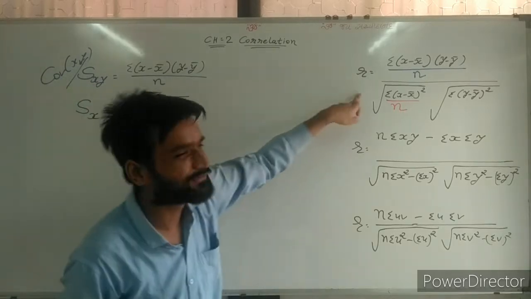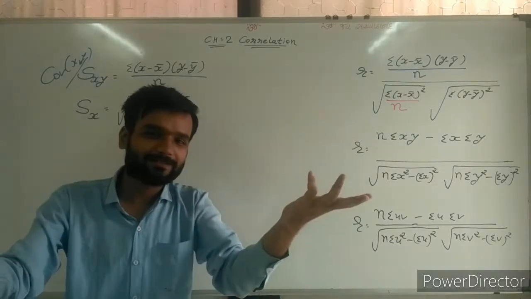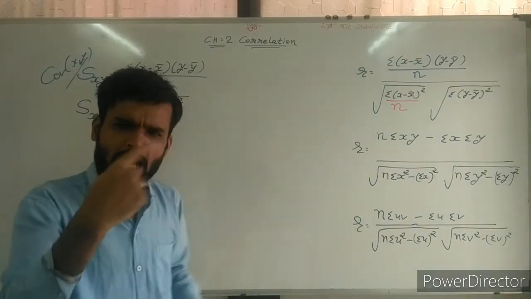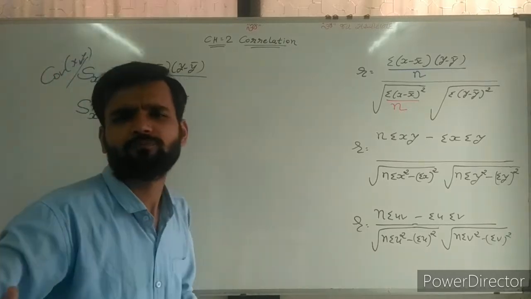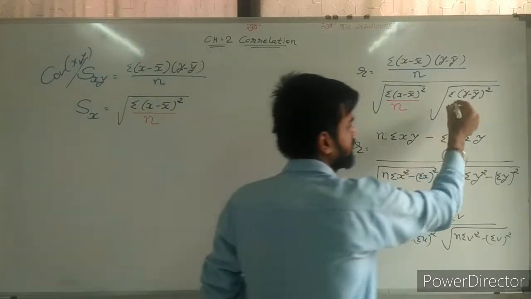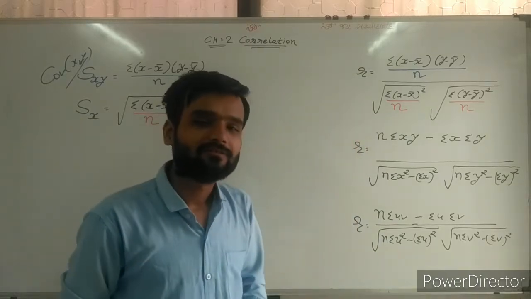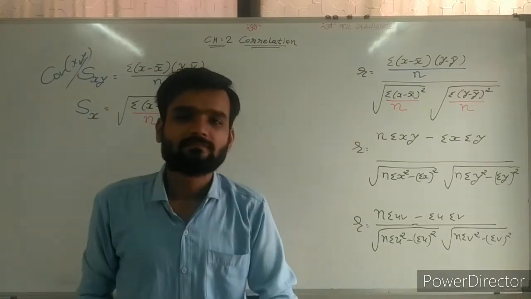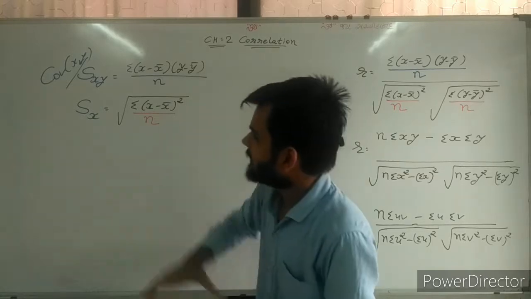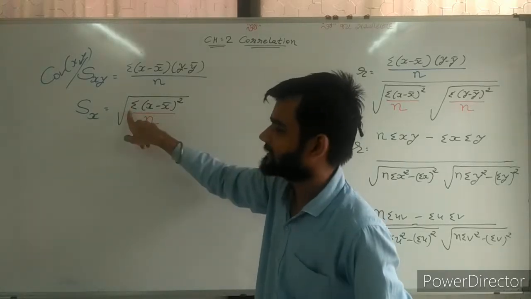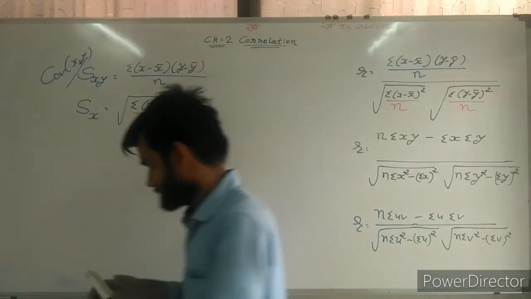On the basis of this formula, simple. Now, I know very well, for all of you, if I write here divide by n, then the third formula, and you can also write its name. Here x is given, so Sx.